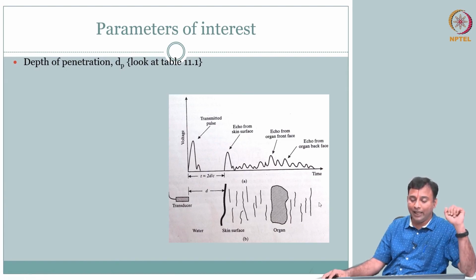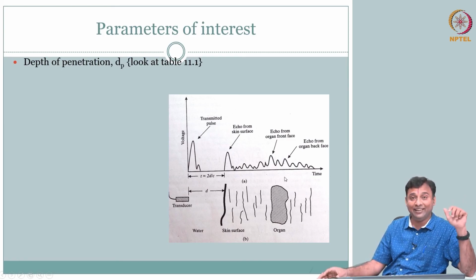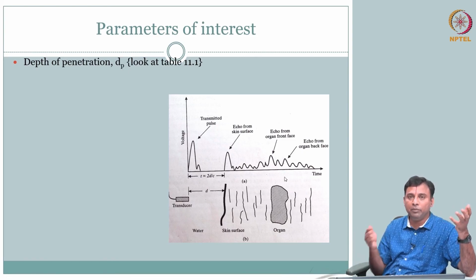What is the challenge? The challenge is that when you send the signal, it is attenuated as you go further. Absorption, scattering, reflection, all of this reduces your transmitted signal. As we go at each interface, we know the signal is reduced as you go with the depth. Then we talked about gain, but there is a level to which you can give the gain, beyond which, beyond a certain depth, the signal is so weak that you are essentially at the noise floor.